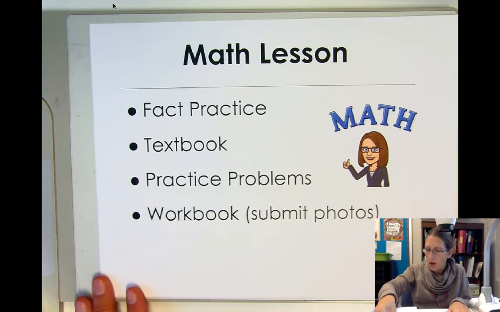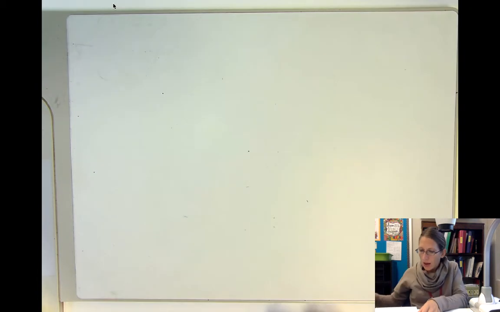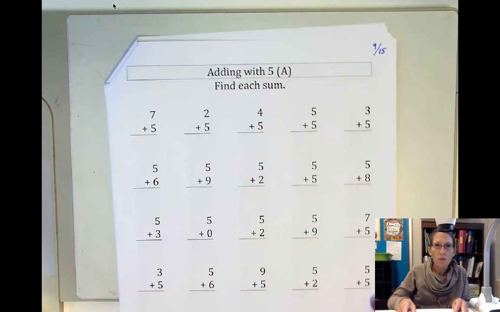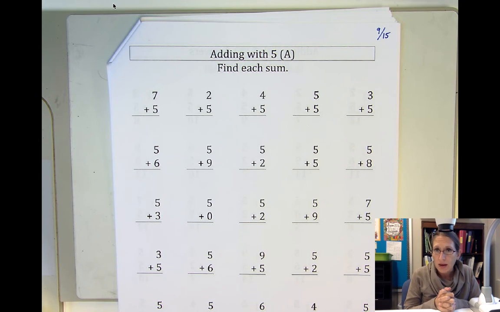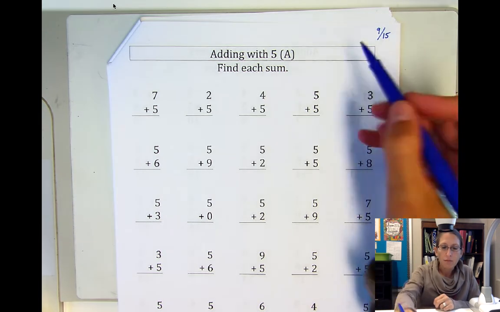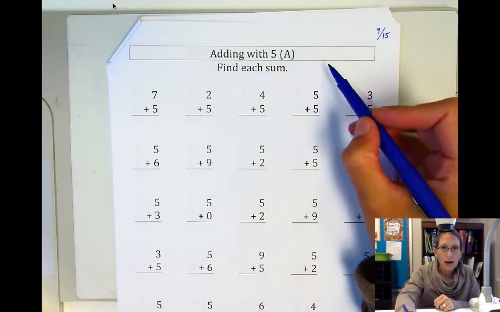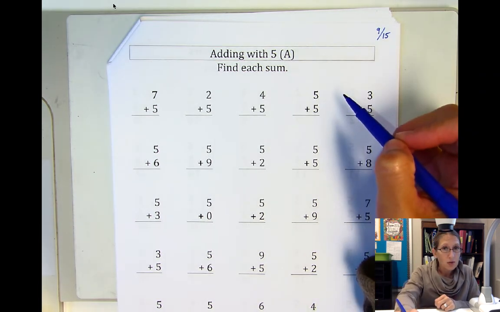All right, so first thing we have is our fact practice packet for today. I mentioned that it is a really good idea to time yourself and see if you can get faster and faster with your facts. It would also be a good idea to write how long it took you to do your facts.